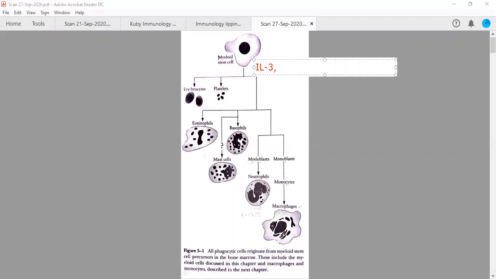And interleukin 6. And there is granulocyte monocyte colony stimulating factor, CSF. All right. If these factors are present, so they will decide which kind of cell should result from the same myeloid stem cell.